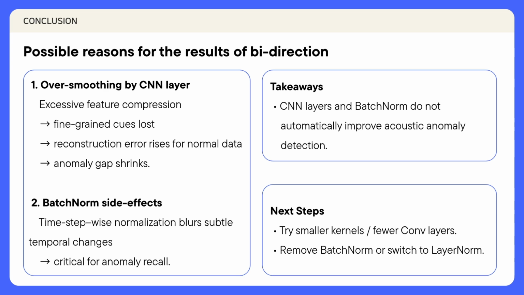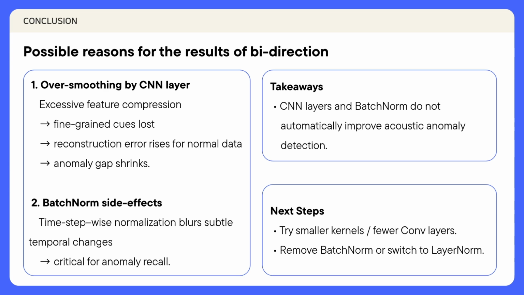The gap to abnormal samples shrinks, and separating the two becomes tricky. Normal error goes up, abnormal error rises or stays flat. Second, batch norm's side effects. Step-by-step normalization washes out those subtle temporal shifts that drive recall in anomaly detection, so recall drops.